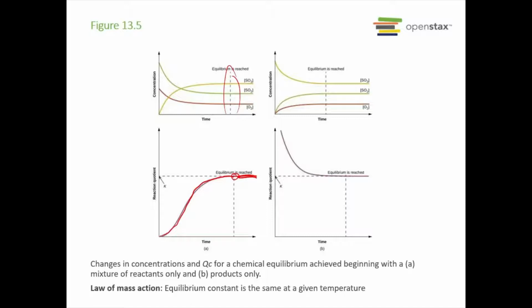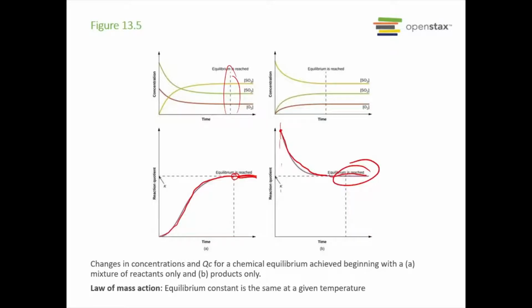And this is at one set temperature. A was starting with reactants, B is starting with products. So you can see, starting with the products, our Qc was undefined here. That's why it's starting way over. And it starts decreasing until we hit equilibrium, and then it stays constant.